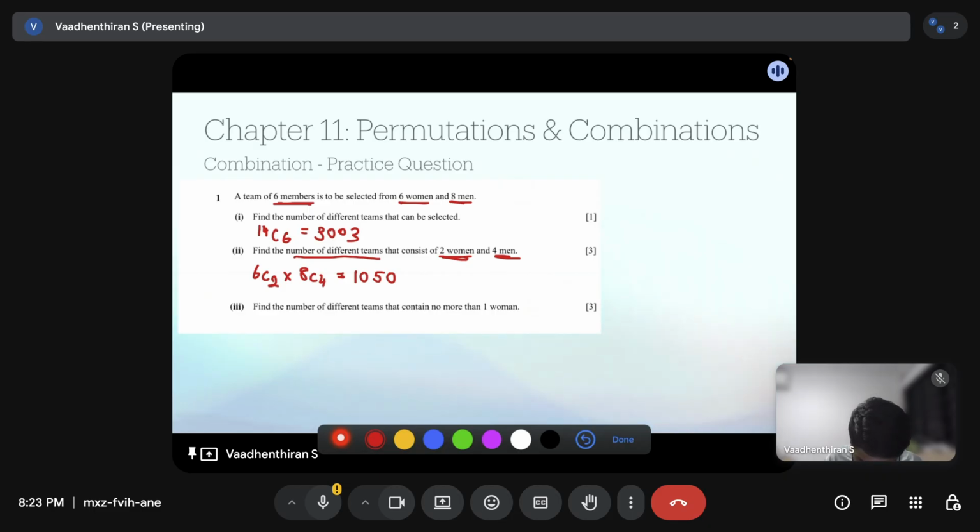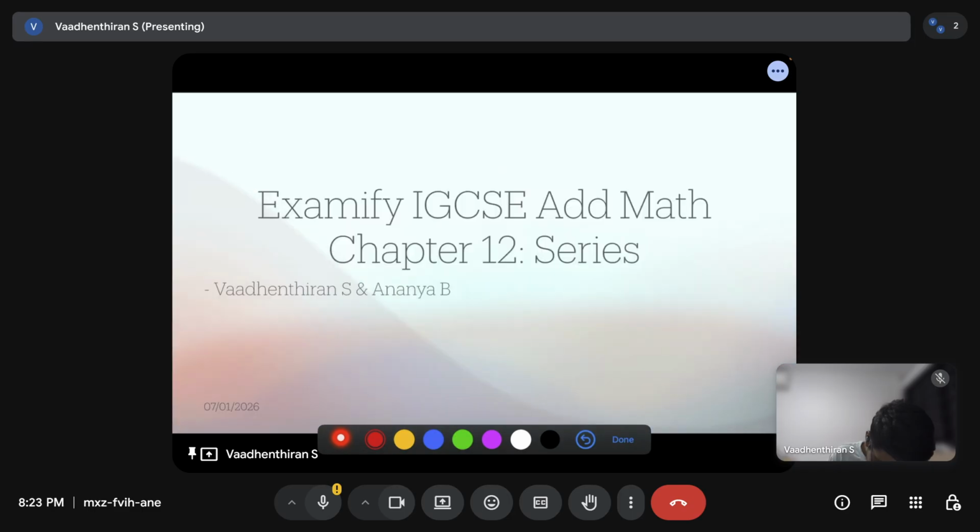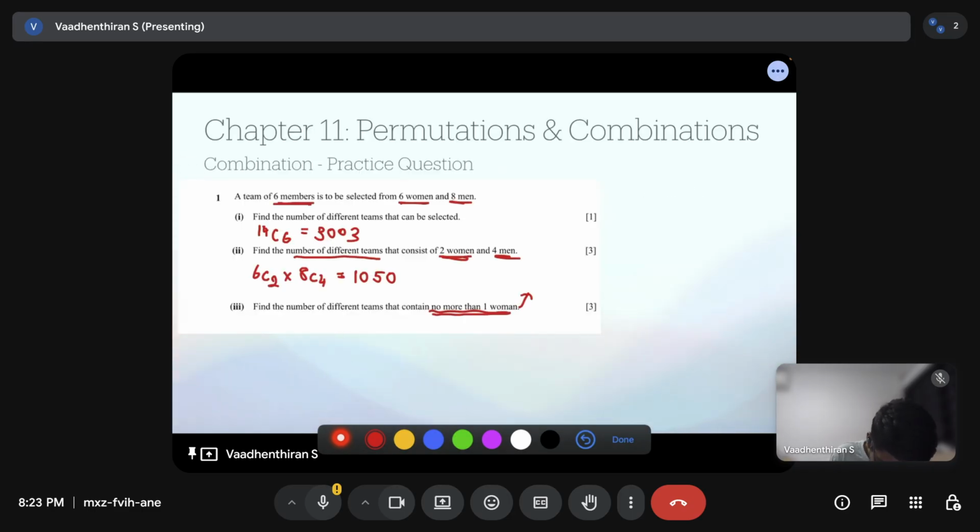And the number of teams with no more than 1 woman. So there's only 1 woman. No more than 1 woman can also mean that there can be 1 woman, or 0 women. So you need to consider both the factors, so we will be doing it for both.